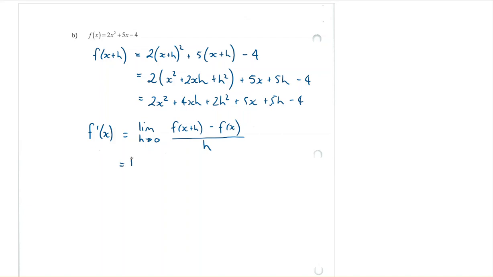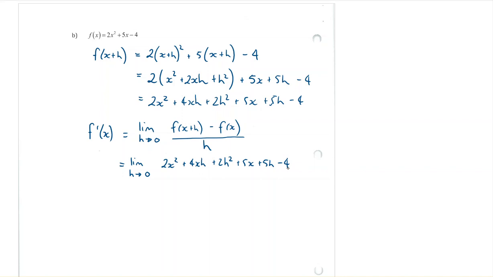So the limit is going to stay out the front. F of x plus h, that is that big thing that I just expanded. The 2x squared plus 4xh plus 2h squared plus 5x plus 5h minus 4. Then the formula says minus f of x.